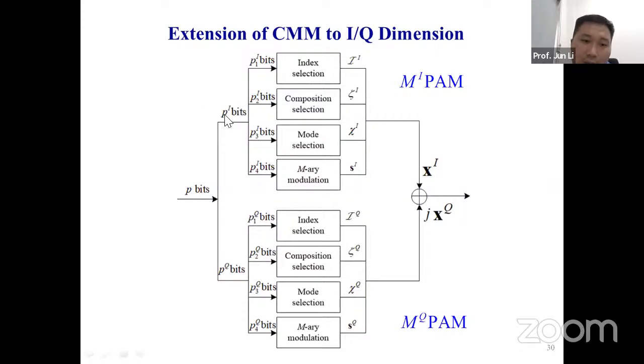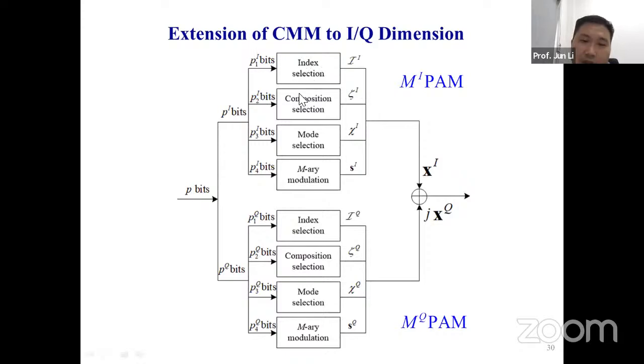One is the PI bits. The PI bits are used to transmit the real part of the transmitted signal. The real part of the transmit signal will still have the subcarrier pattern, right?